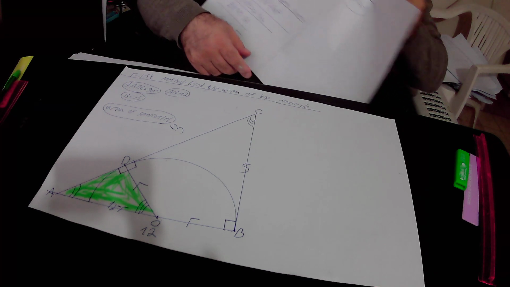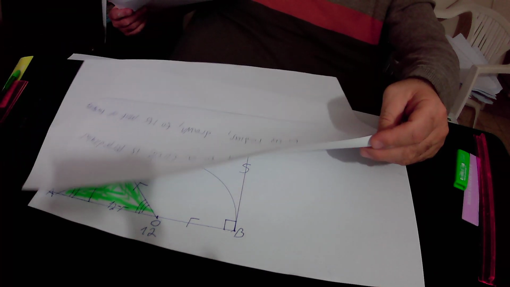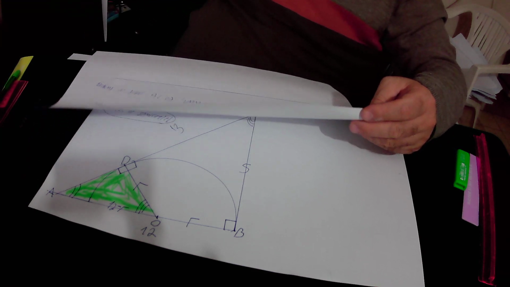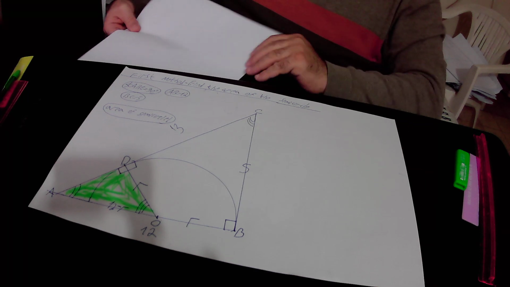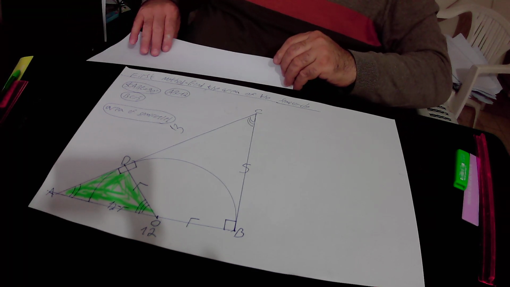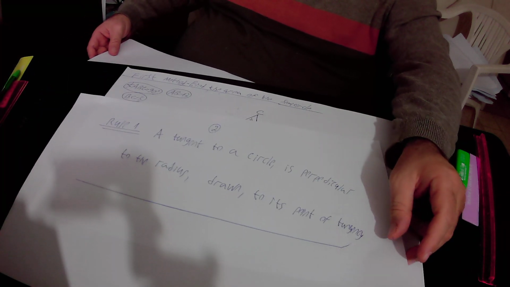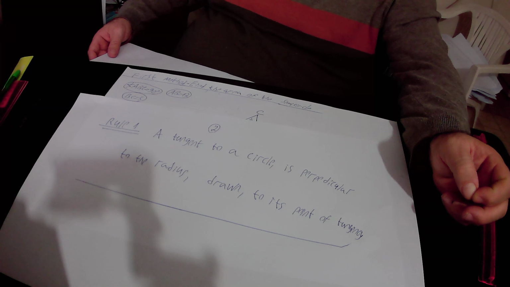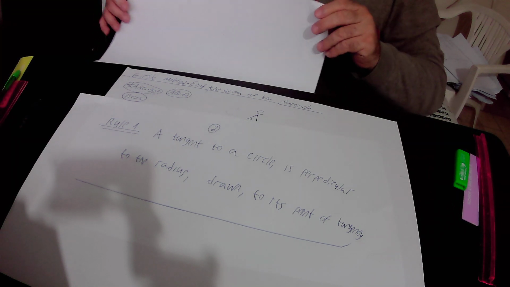And then I presented to you a new rule. Rule number 1. According to rule number 1, a tangent to a circle is perpendicular to the radius drawn to its point of tangency. So what is the meaning of rule number 1?